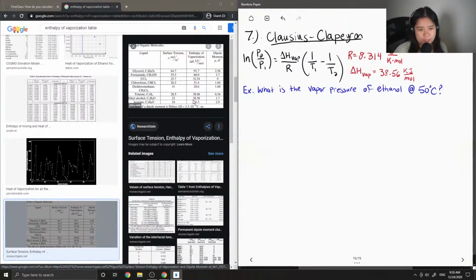But since our R value is in joules, I'm going to convert from kilojoules to joules for the enthalpy of vaporization value. That's a J if you can't see it.